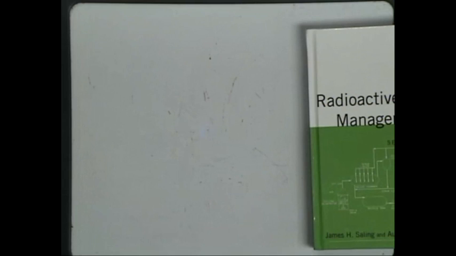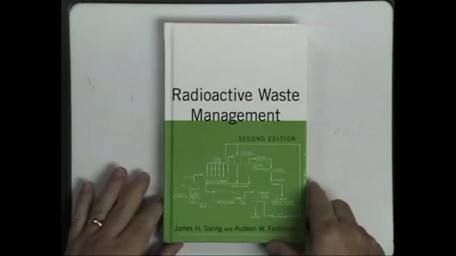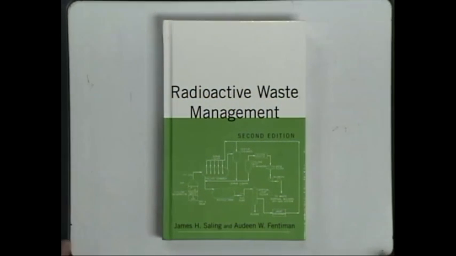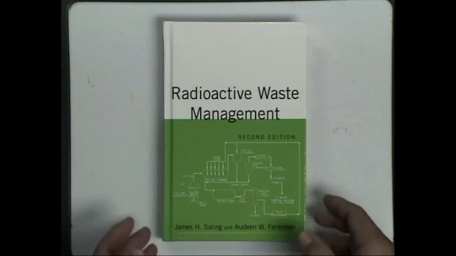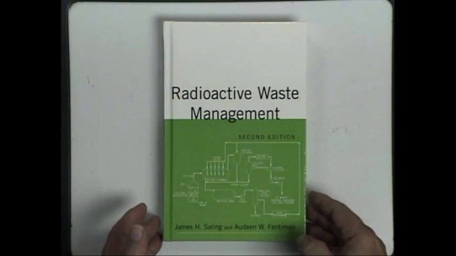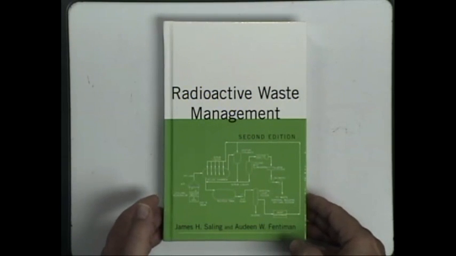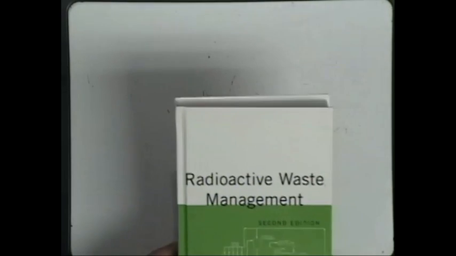Also, there will be another one that is required. It's over in the bookstore. And that is Radioactive Waste Management, 2nd edition by Saling and Feiveson. We'll draw on this time to time, not extensively. We don't follow it chapter by chapter, but you do need to have one in order to complete the course. So I recommend that you get one from the bookstore for that purpose.